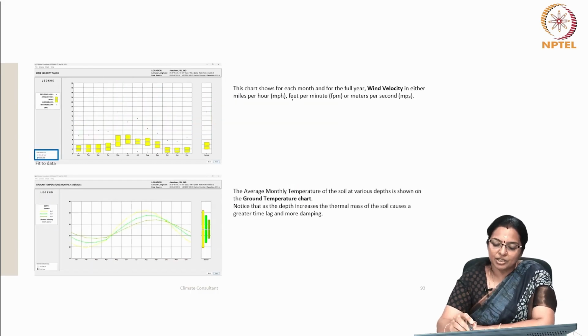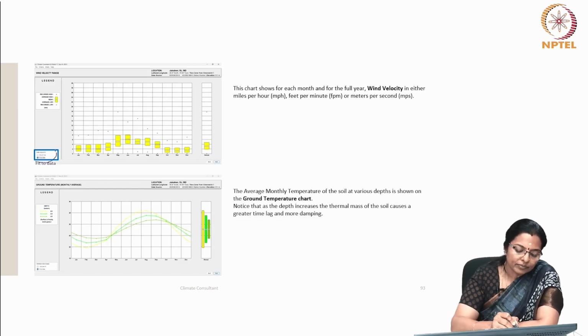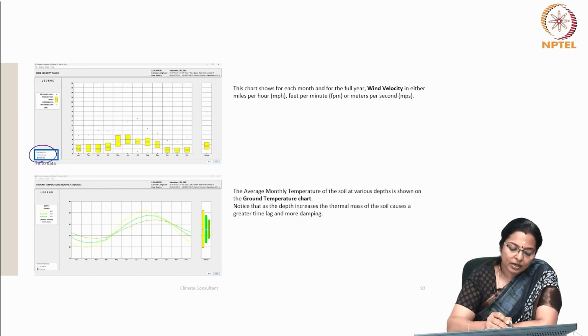Now, this chart shows for each month and for the full year the wind velocity in either miles per hour or feet per minute or meters per second, depending on the scale you have chosen. And you can see how the wind keeps changing.